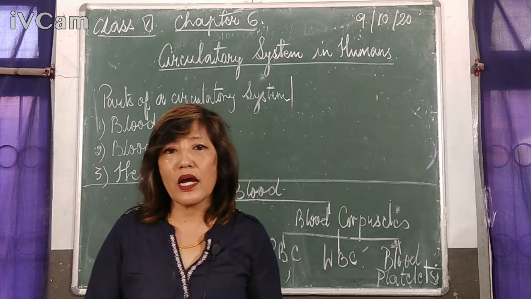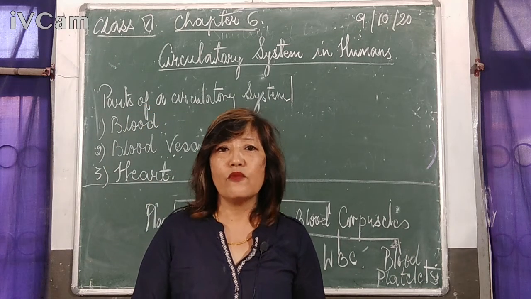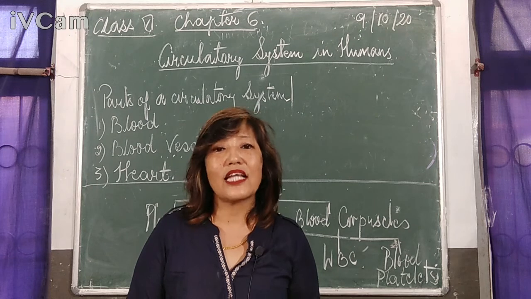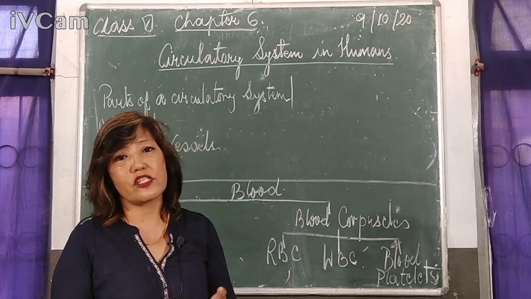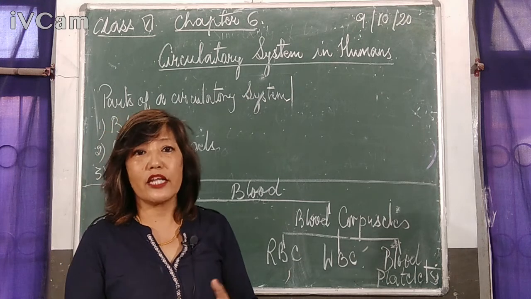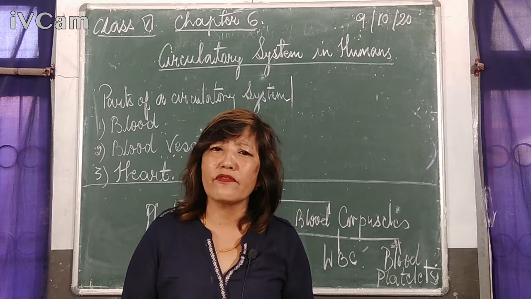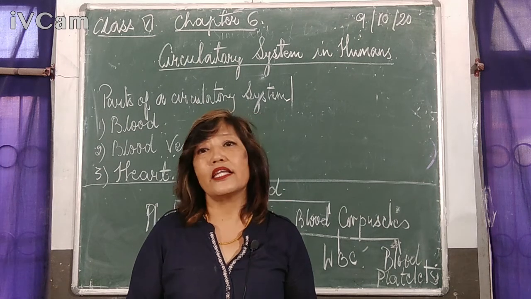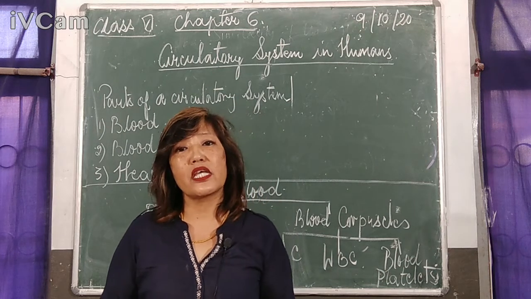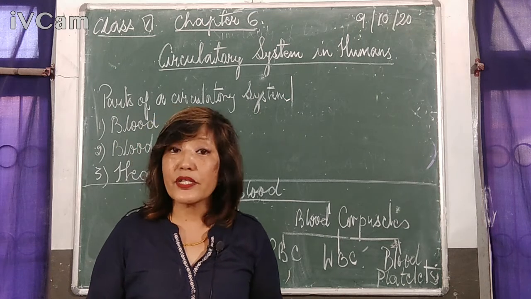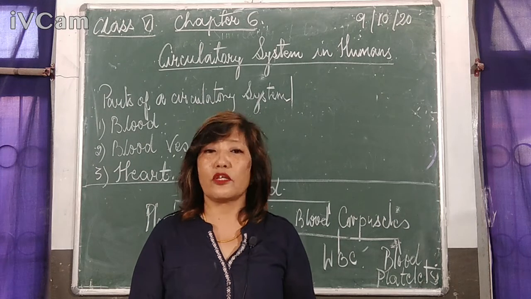And this plasma contains certain chemicals, proteins, oxygen, digested nutrients. So if you see the presence of these different substances in plasma in percentage, then this plasma contains about 55 to 60% of blood, then 90 to 92% of water, 7 to 8% of protein, and 1% of inorganic salt, and some traces of other substances.